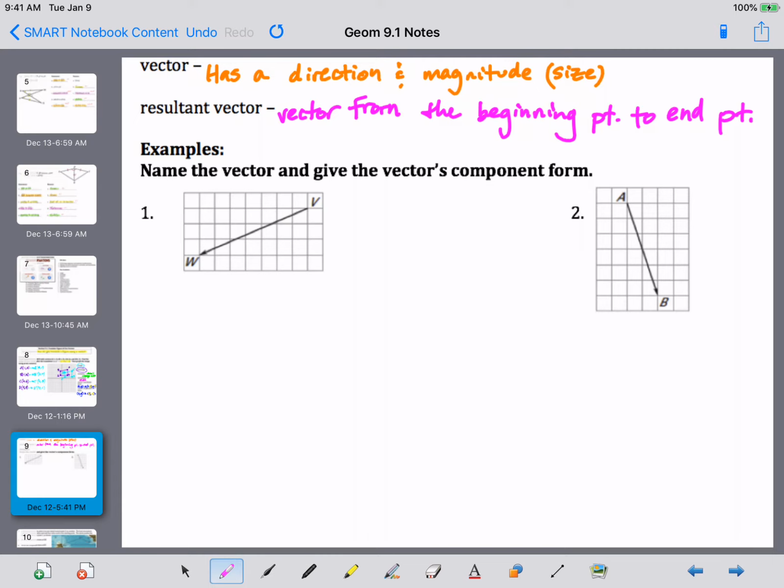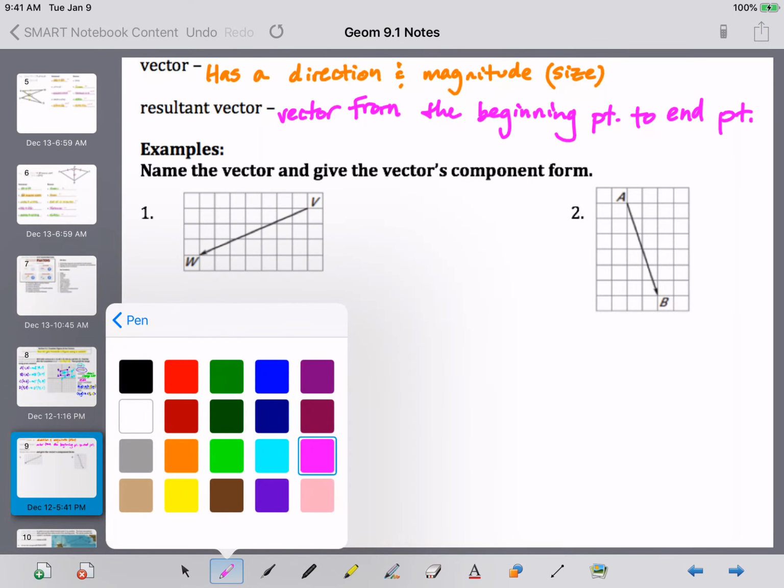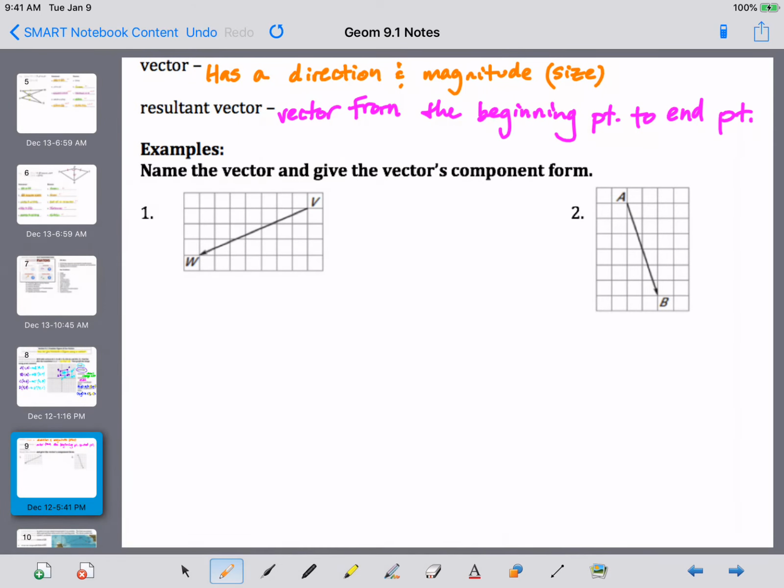All right, so now let's look at two examples here. To name a vector, it's very similar to naming a segment, but the order is important here. Notice that this arrow points from V to W. That means we have to start with letter V and then go to W, and then we put this symbol over the top. So it's kind of like the top half of an arrow. That means vector VW. And then we're going to name it in component form.